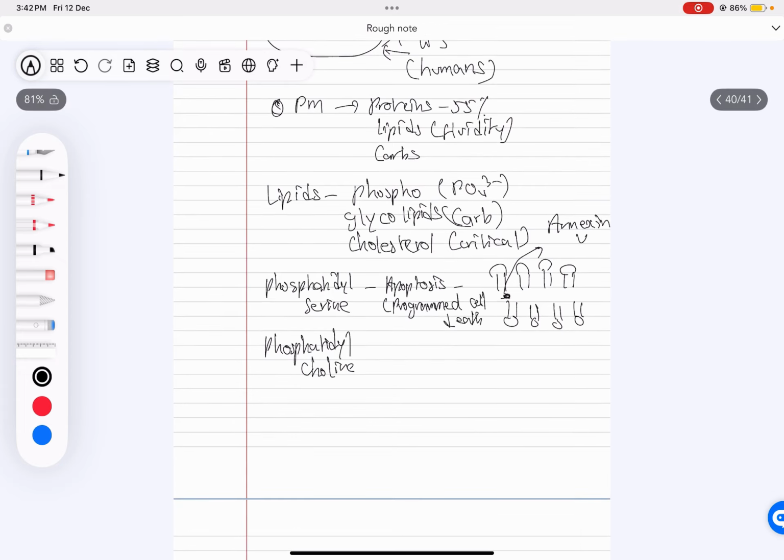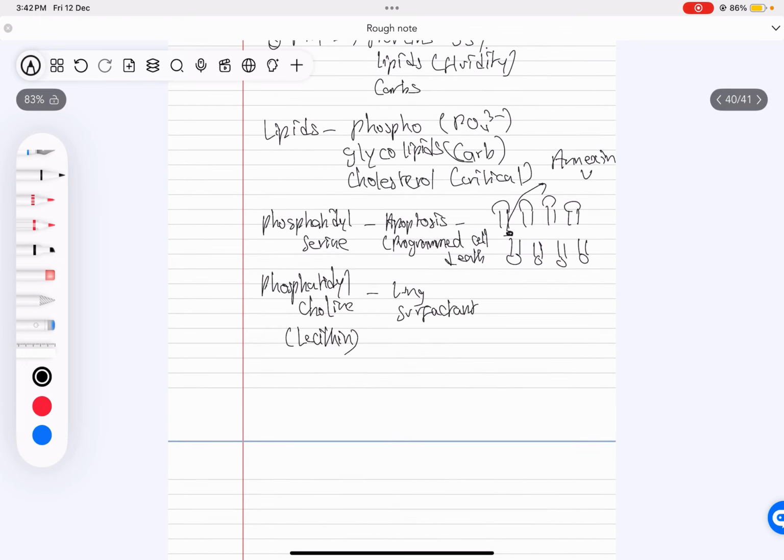Phosphatidyl choline is also called lecithin. This is used as a lung surfactant for proper respiration. And then sphingomyelin, myelin, so it is in the nervous system.